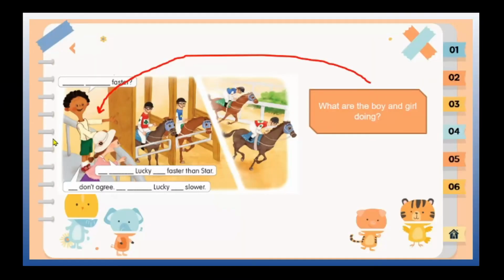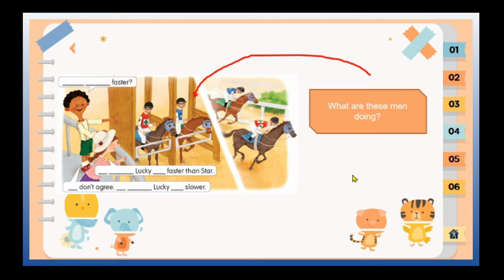Alright, so now let's study the photo. Look at this boy and the girl. What are they doing? Right, they are looking or watching the horses. How about this one? Look at these men. What are they doing?